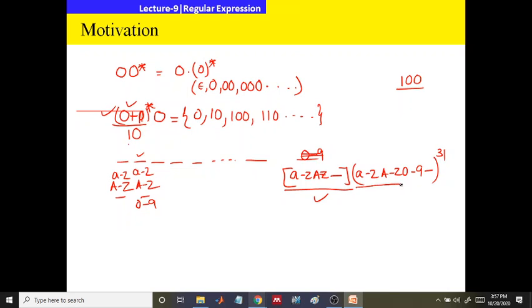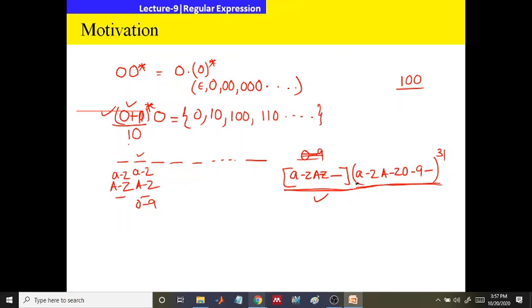Out of all these characters we collect one character, and it is repeated to the power 31, meaning 31 characters can be taken out of it. So it represents all the valid identifiers in the C programming language. This is the power of regular expression.